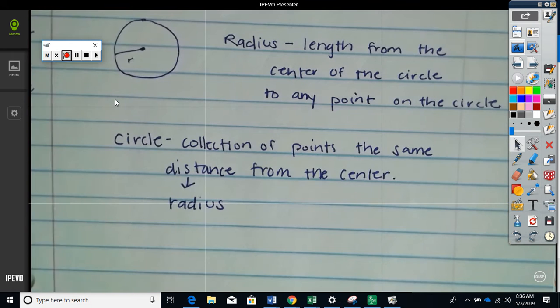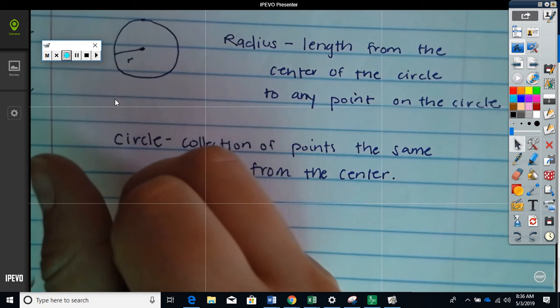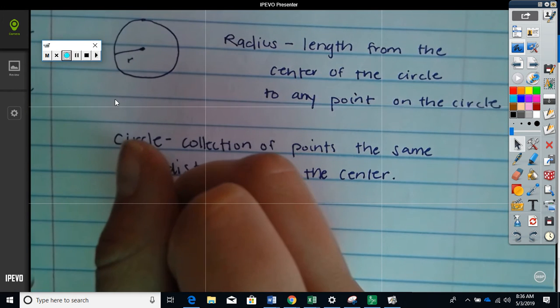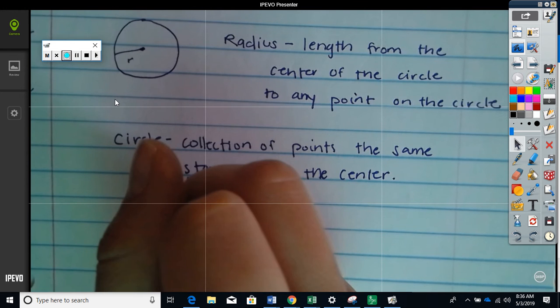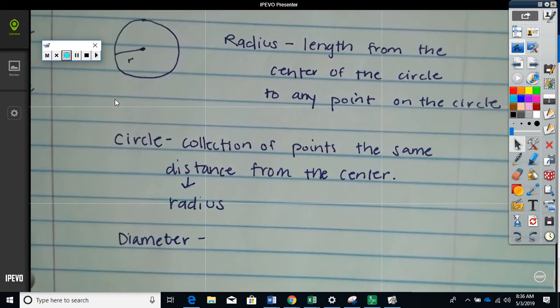Okay. So, what about the diameter? Does anyone want to tell me what they know about the diameter?